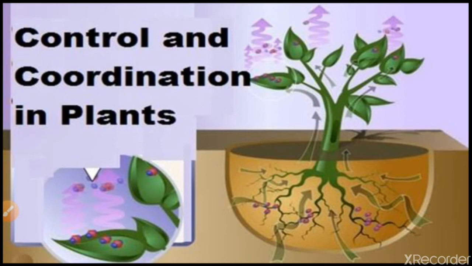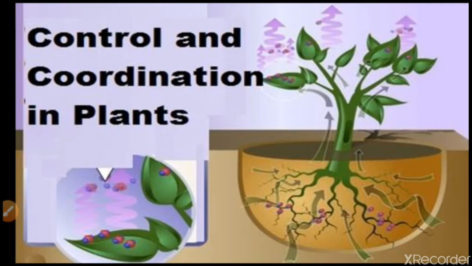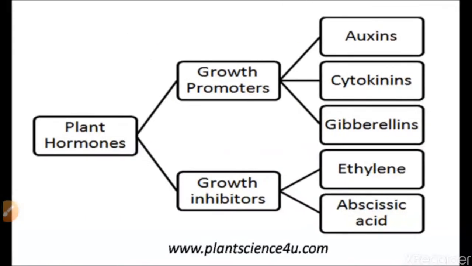So if somebody tells you that plants do not move, no, plants can move, plants also show their movement, but their response to the stimuli is very slow, so we can't see the movement. So today we will read about the plant hormones. What are plant hormones?